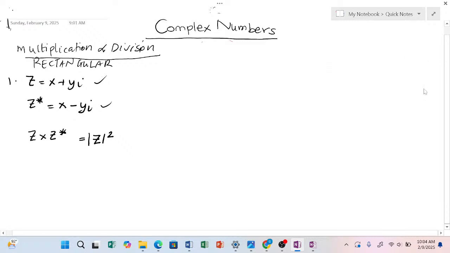The second one is that if I have a complex number z being added to its conjugate, it will always give me 2 times the real part. 2 times the real part. So let's give an example. If I have z is equal to 6 plus 5i, what will be the conjugate? Tell me in the comment section. Right? 6 minus 5i. That's right.